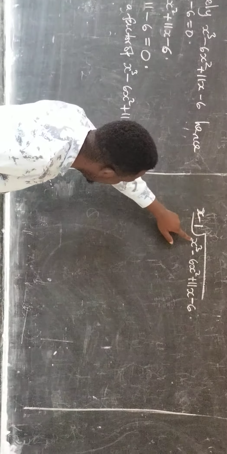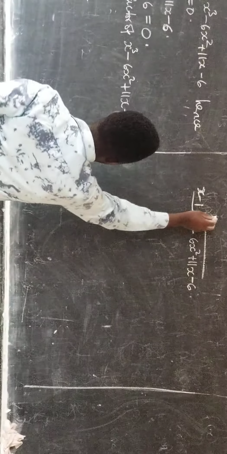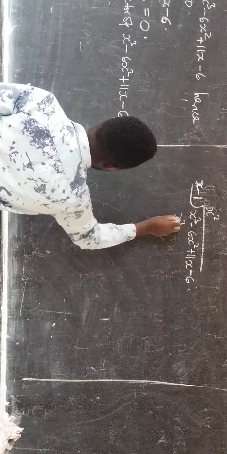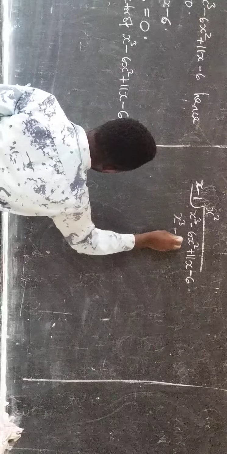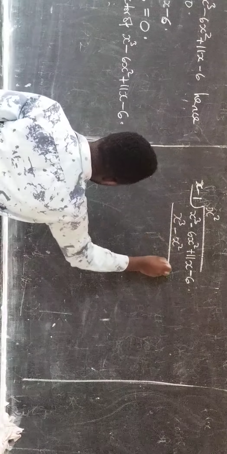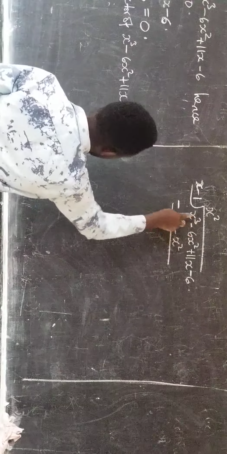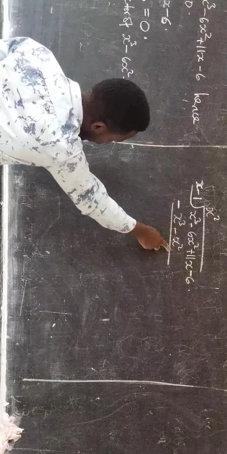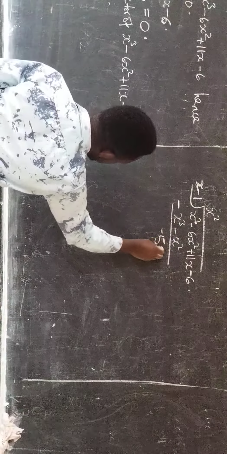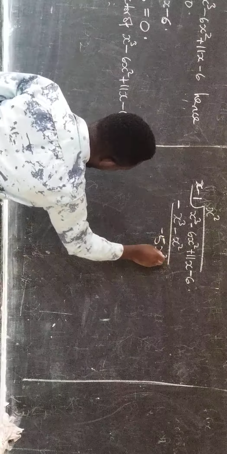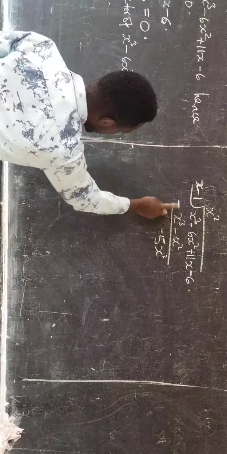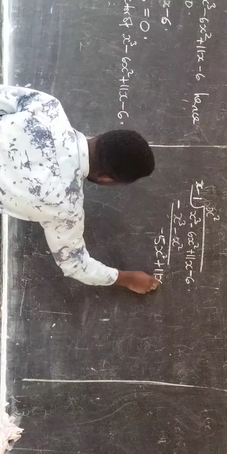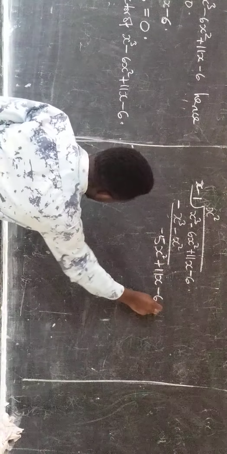So x cubed divided by x, that will be x squared. x squared times x, that is x cubed. x squared times 1, that is minus x squared. Subtracting, this is 0, minus 6x squared minus minus x squared, that becomes minus 5x squared. Then still plus 11x, minus 6.